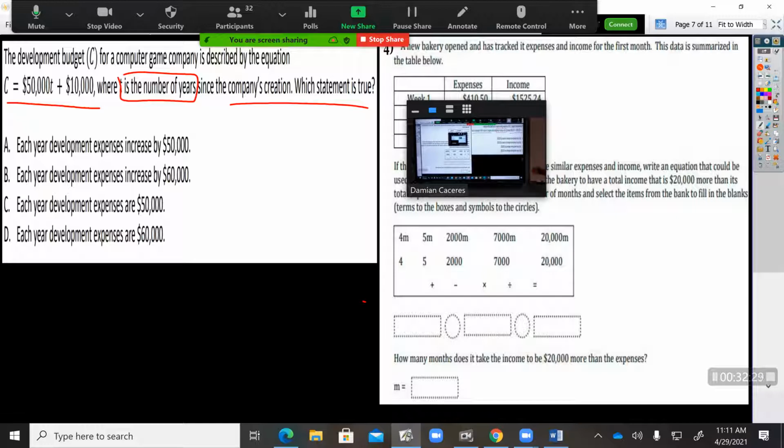Look at A and look at C. A says each year development expenses increase by 50,000. C says each year development expenses are 50,000. They're very similar, right? So for you to determine which ones are correct, you'd have to be very good at deciphering the English language in these word problems, right? But I'm going to show you a trick that'll avoid having to remember these things.